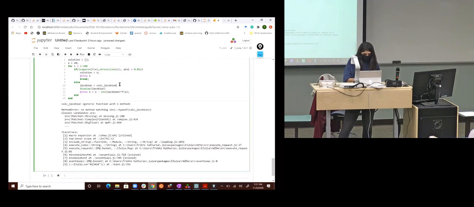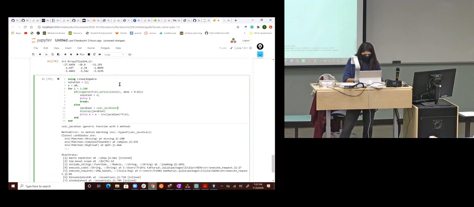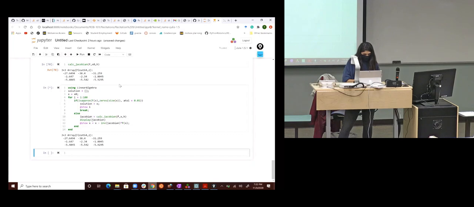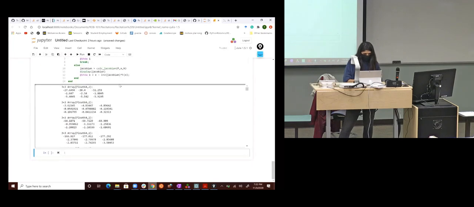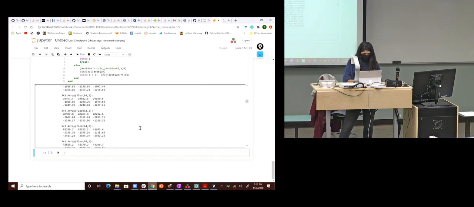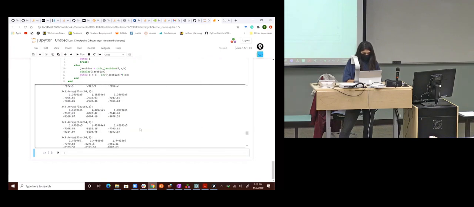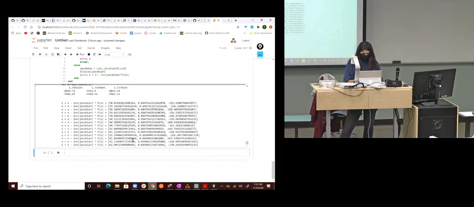Oops, I forgot to pass arguments. So you want to give it f and x and h. I printed too much stuff in there, but this is our answer.